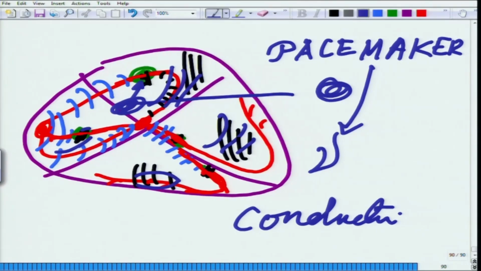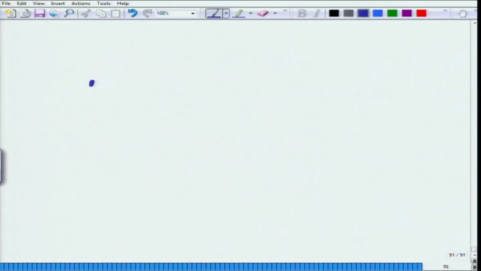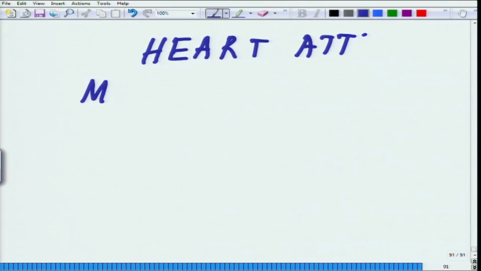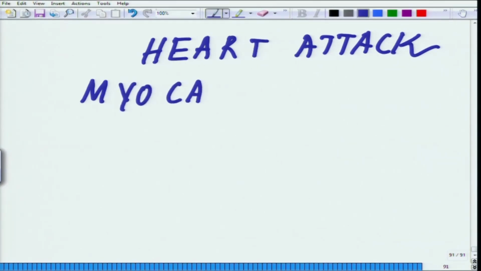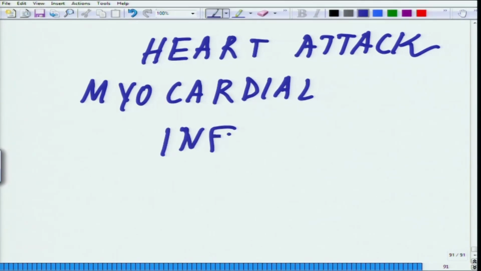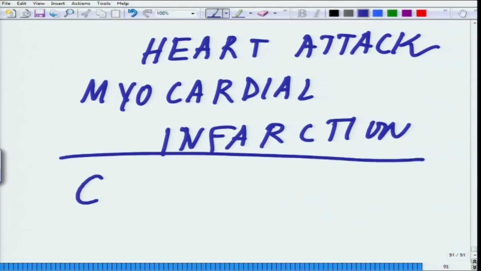What about the heart attacks? Heart attacks are situations when there is something called myocardial infarction. What does that mean? Myocardial infarction or coronary thrombosis.